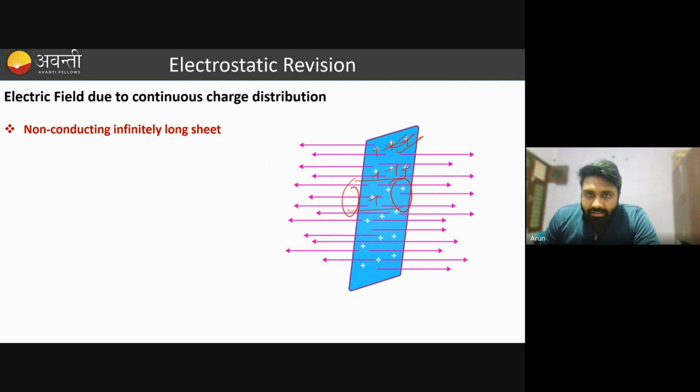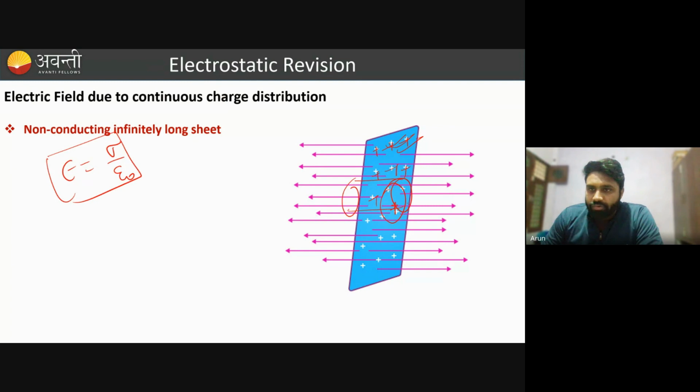Only the front surface has the charge, not the back surface. So the electric field will be sigma upon epsilon naught, because the earlier case was for the complete sheet, and here only one side has charges.